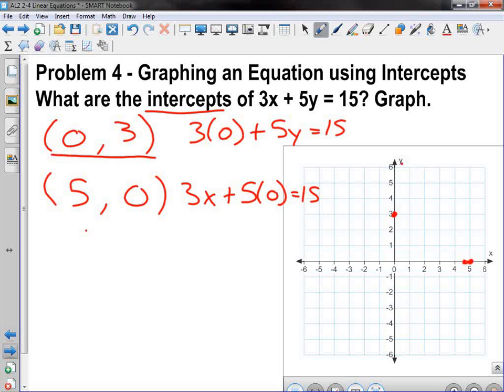X. 2 points. I just need to draw a line through them. I have my line. Is that as easy as slope-intercept form? It's not bad, but it's not as easy, right? You do have to do a little bit of math, right? So it's not bad, but it's not as nice. Okay?